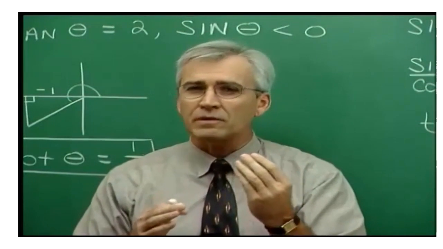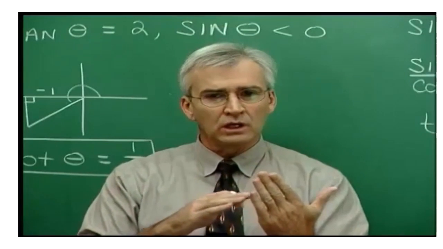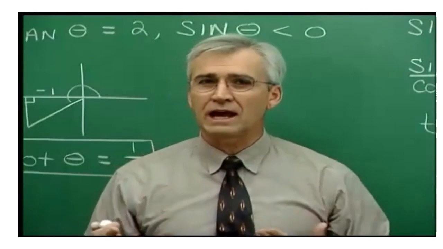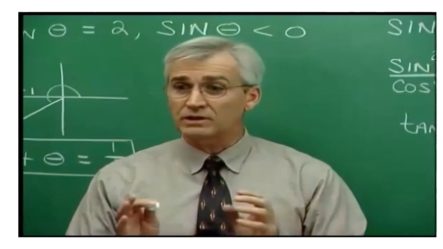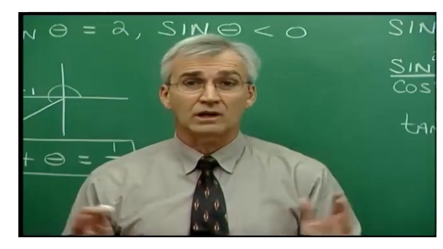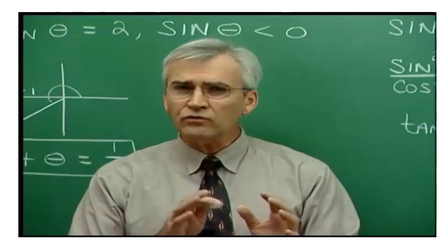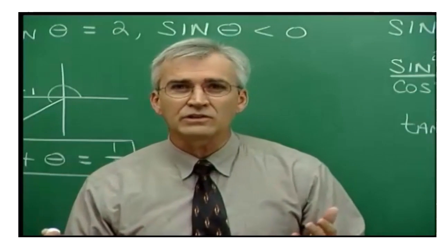For the Pythagorean relationships, remember there are 2 trig functions related in each of them. The one that's easy to remember is sine squared plus cosine squared equals 1. That comes to mind perhaps rather quickly. The other 2 also involve 2 ratios, but they're not as easy to remember.